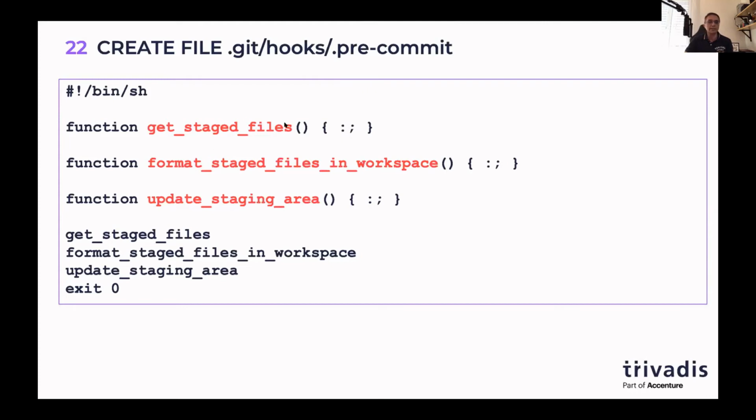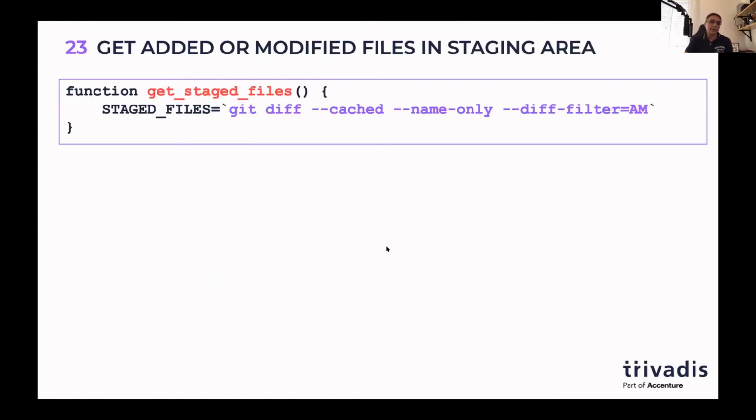So let's look at these functions, which are empty implementations, in the next slide. Here's a variant to get the staged files. I do that with a git diff command. The cached option is an alternative name for the index, and I compare it with the HEAD. The HEAD is the last commit I've made on that branch.